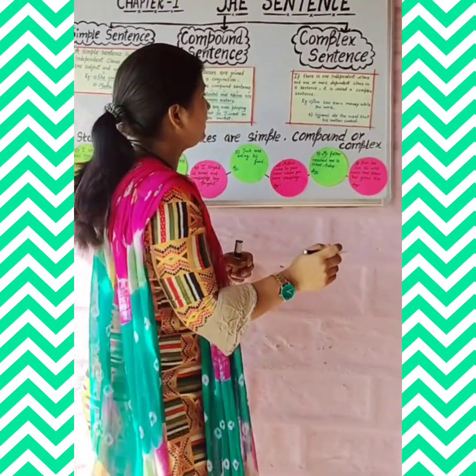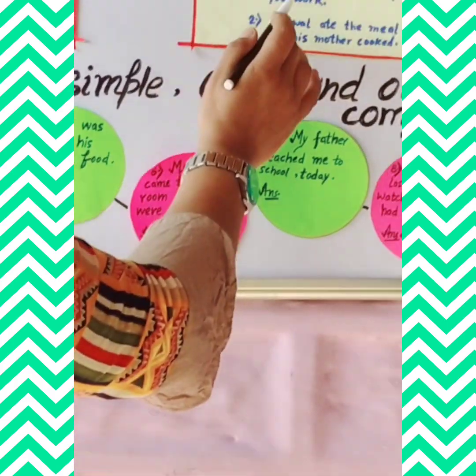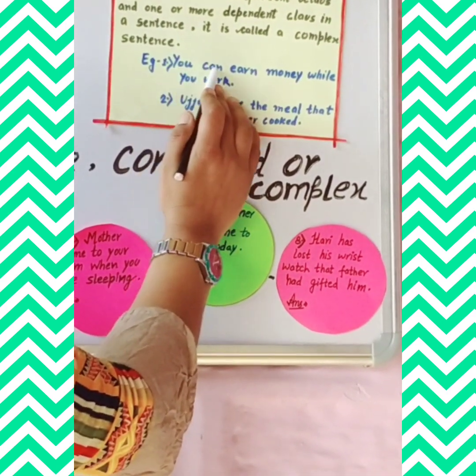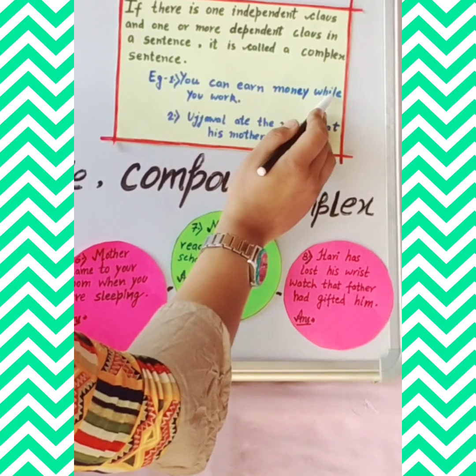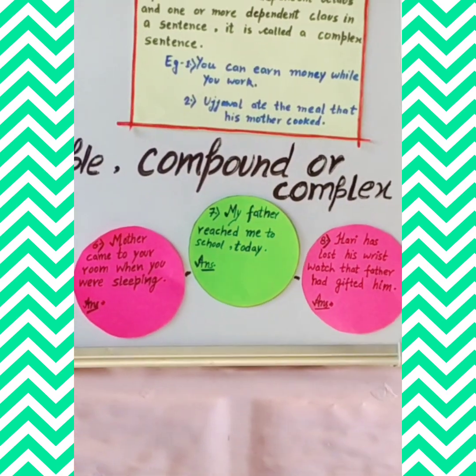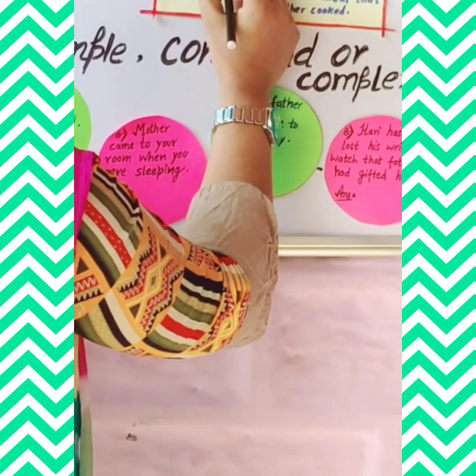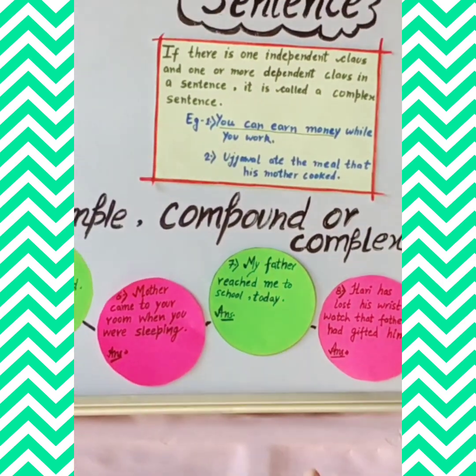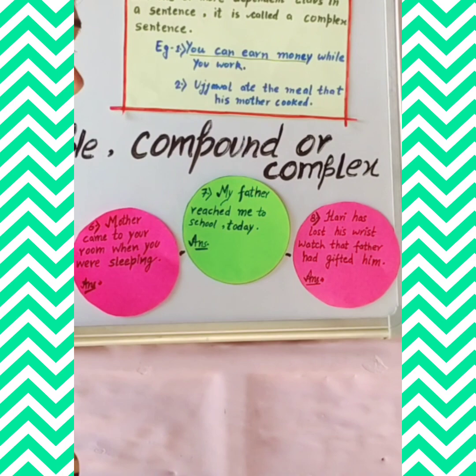So understand it by this example, that you can earn money while you work. अब आप इसमें देख रहे हैं कि you can earn money, ये क्या है हमारा? You can earn money से हम समझ रहे हैं कि आप पैसा कमा सकते हैं, right?